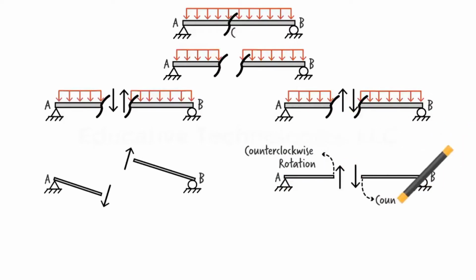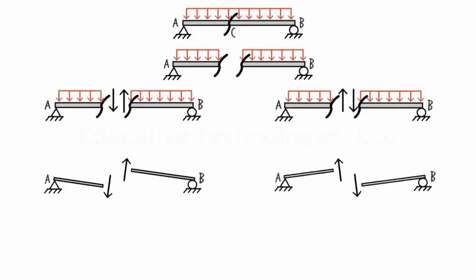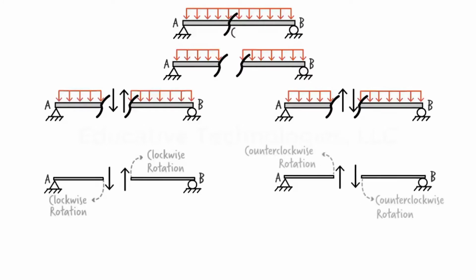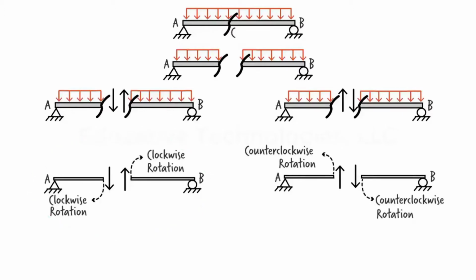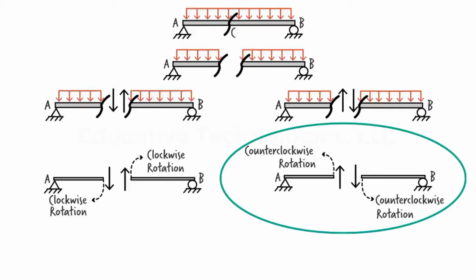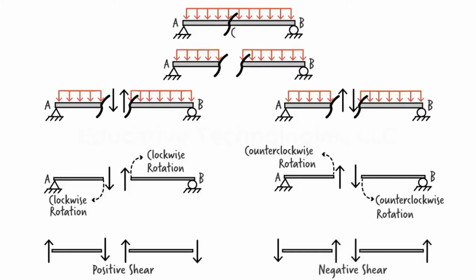In the second scenario, the beam segments want to rotate in the counterclockwise direction. By convention, the shear force direction that tends to cause a clockwise rotation is considered positive. If the shear force tends to cause a counterclockwise rotation, we call it a negative shear. Therefore, this is a positive shear, and this is a negative shear.